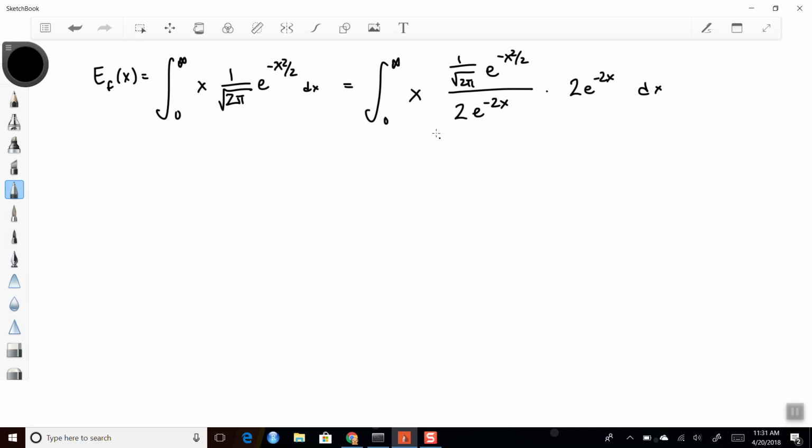And so now we can approximate this, or not approximate this. This is exactly this. It is going to be x times this mess. I need a bigger parentheses.